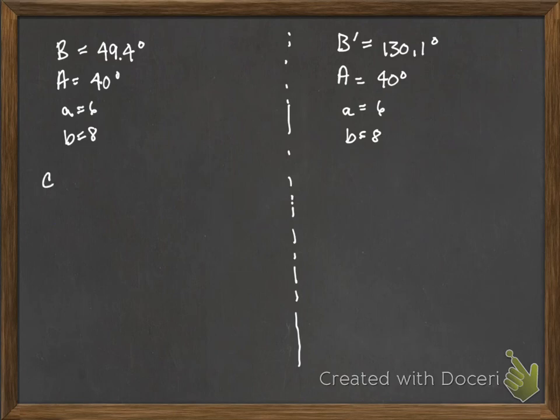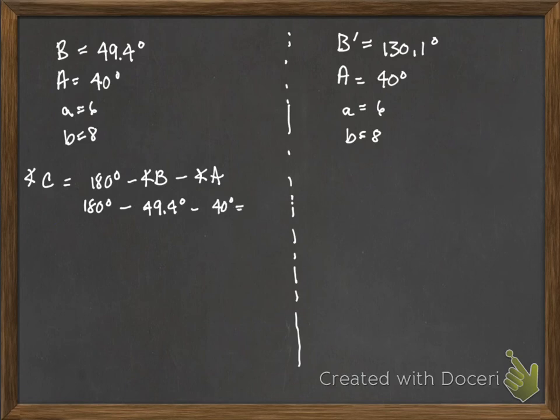So I need to find angle C. To do that, I'm going to take 180 minus angle B minus angle A. So 180 minus 49.4 degrees minus 40 degrees, and I get C equaling 95.1 degrees.